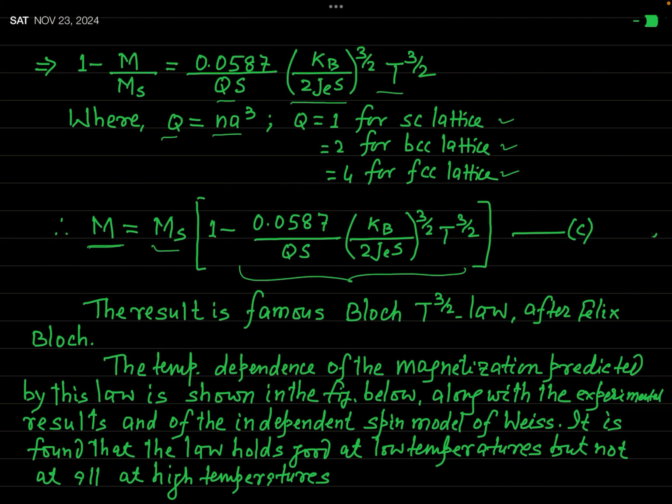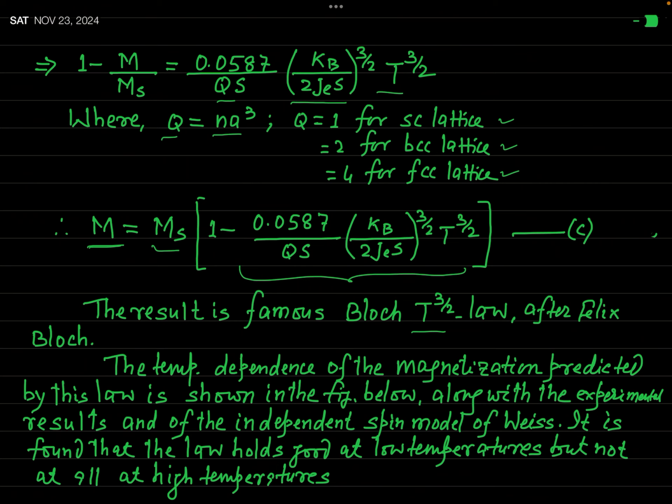This is actually another mathematical form of Bloch T to the power 3 by 2 law. So this result is also known as the T to the power 3 by 2 law after Felix Bloch.